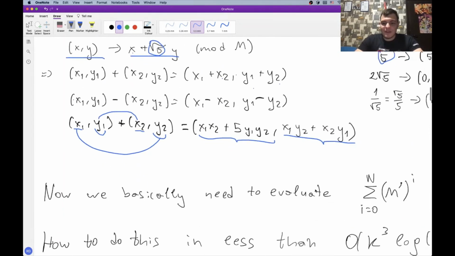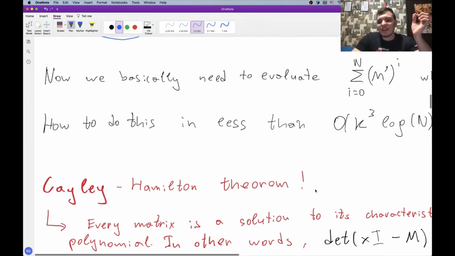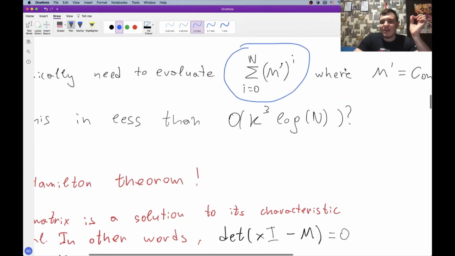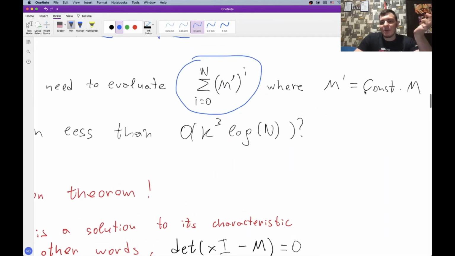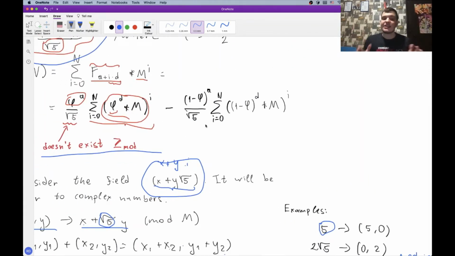Now, going back to our problem, I already mentioned that we basically need to evaluate something of this form. We have some matrix M prime, where M prime is basically some constant. In a way, we actually need to do the whole solution twice, first for the left part and then for the right part, but that's the same thing.